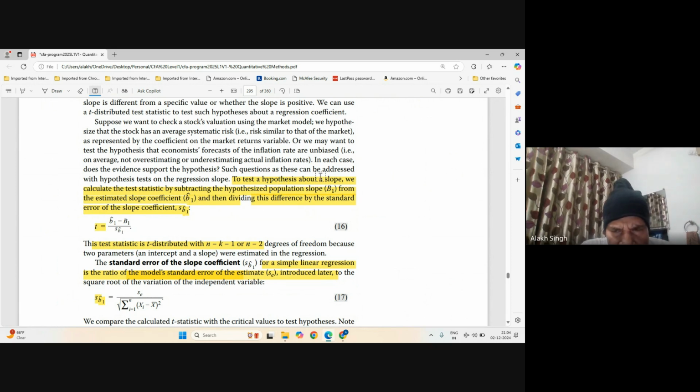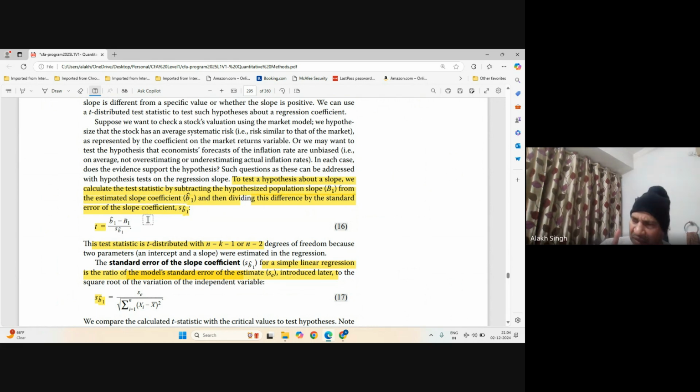To test a hypothesis about a slope, we calculate the test statistic T by subtracting the hypothesized population slope B1 from the estimated slope coefficient beta 1 hat. Now, B1 is 0 because our null hypothesis is that the slope is 0. And beta 1 hat is what we calculated, and then we divide the difference by the standard error.